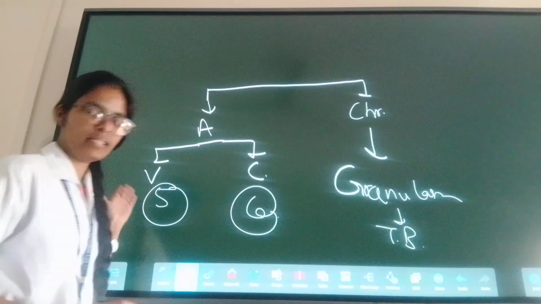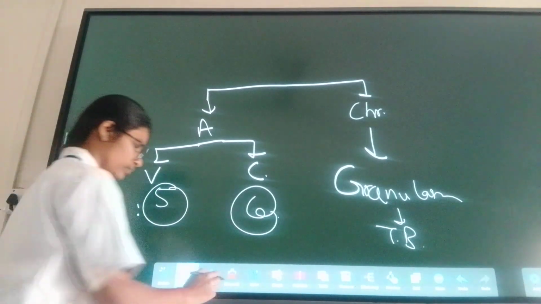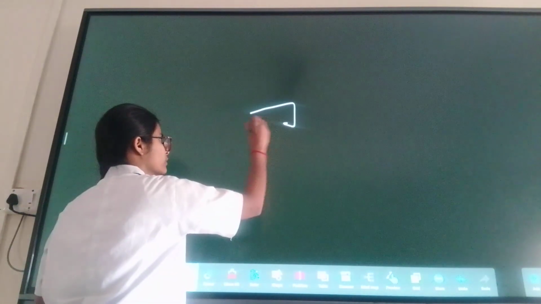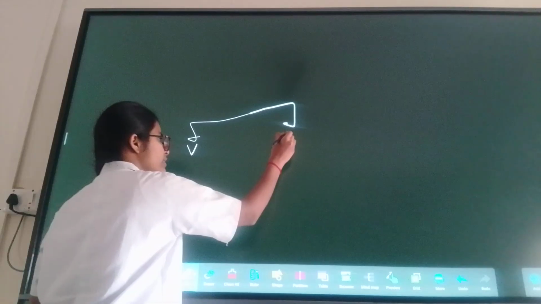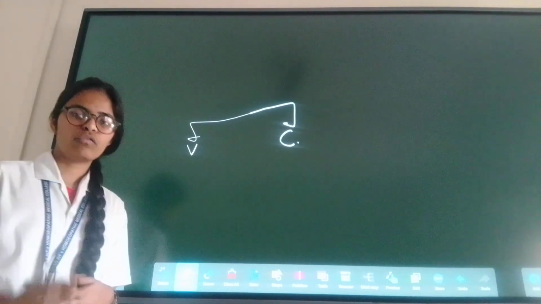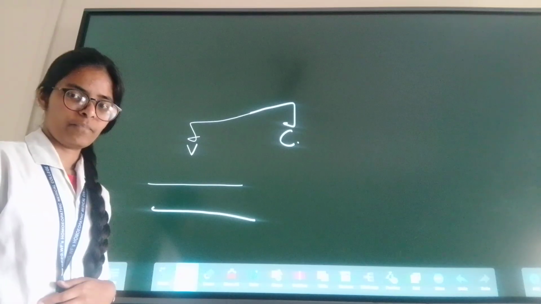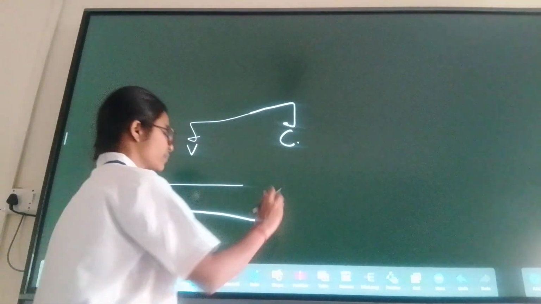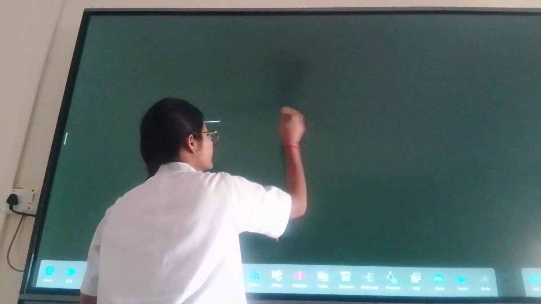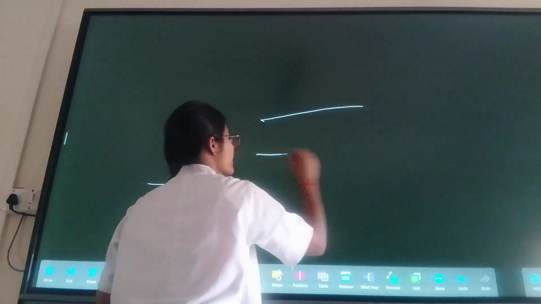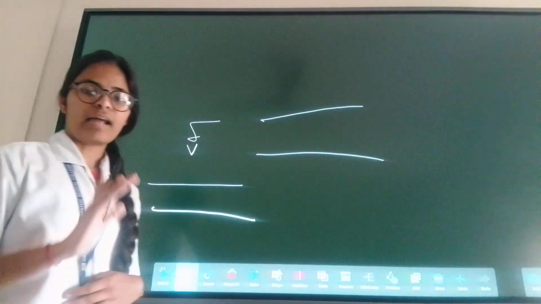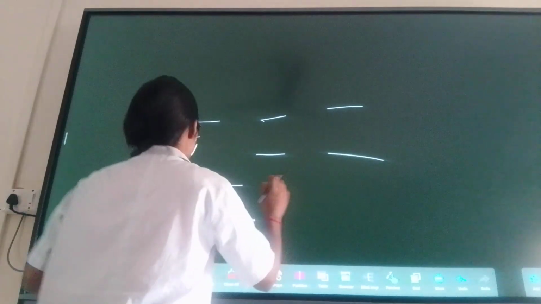Now we are going to see in detail about acute inflammation. There are two events: vascular events and cellular events. So what happens in blood vessels while inflammation is there? I will show here. First there is transient vasoconstriction, the very first event.